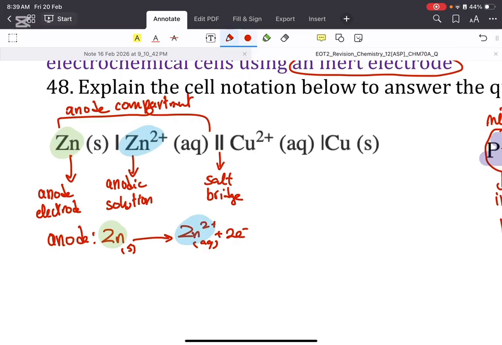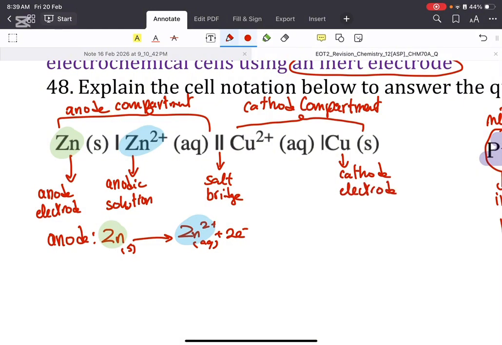Product, reactant. Now, on the other side, I have the cathodic compartment, the cathode compartment, and this is the cathode electrode, and this one here is the cathodic solution, and that's just the phase boundary between them.